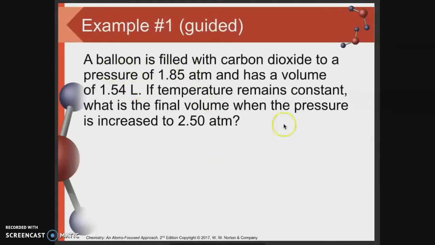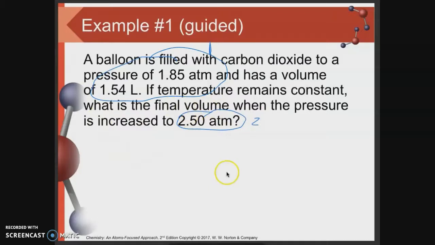Let's take a look at a problem involving Boyle's law. So we're told that we have a balloon filled with carbon dioxide to a pressure of 1.85 atmospheres and a volume of 1.54 liters. If temperature is constant, what is the final volume when the pressure is increased to 2.5 atmospheres? So we can see here we've got one set of conditions. So we're just going to mark that with a 1. And we've got a second set of conditions here where we don't know its final volume.